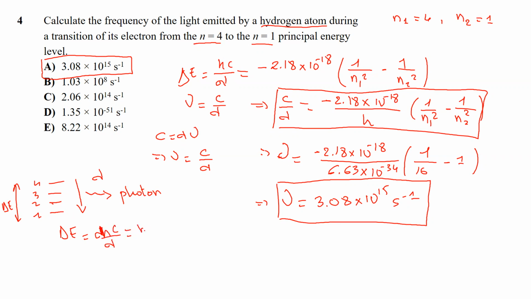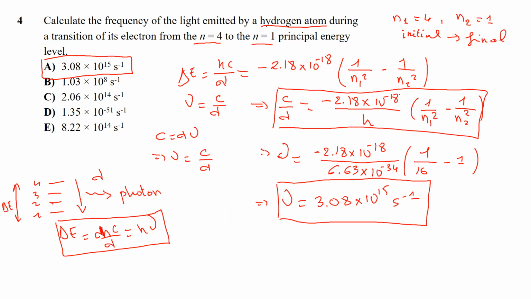This is the formula we get from here. And for a hydrogen atom, we know that it's minus 2.18 times 10 to the power minus 18, times 1 over n1 square minus 1 over n2 square, where n1 is initial and n2 is final. So this is how we solve this.